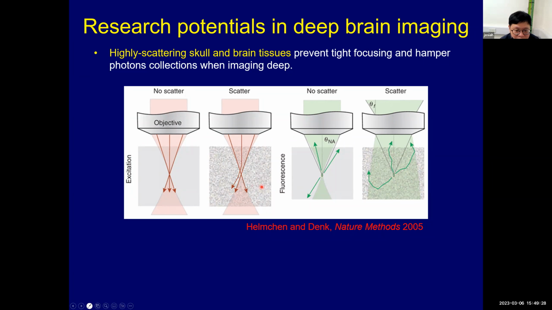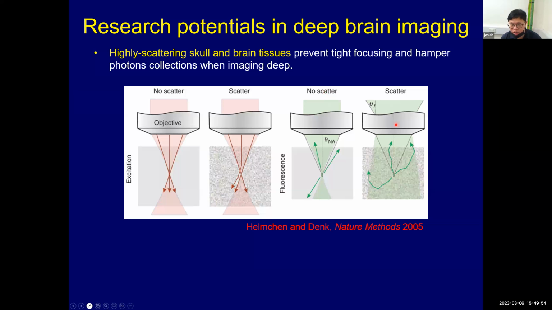In the same way, consider when the light is collected from the emission of the sample. If we refer to fluorescence, when there's no scattering, the light comes in a well-defined manner, such that light coming from other regions will not get detected.